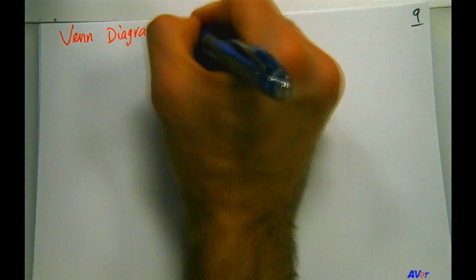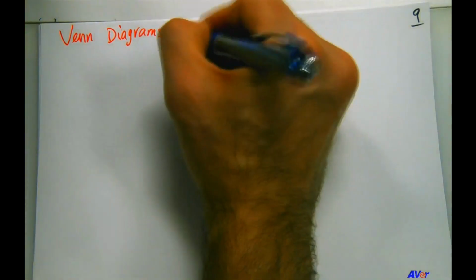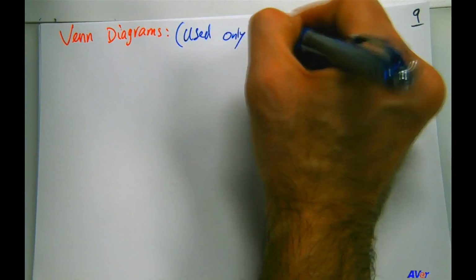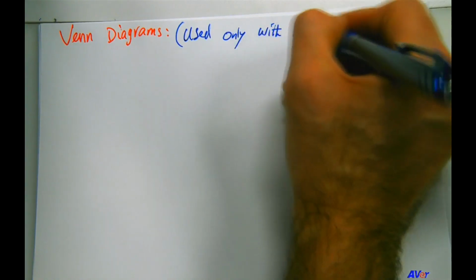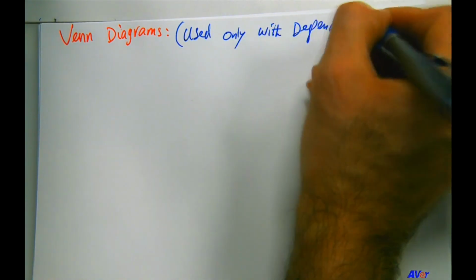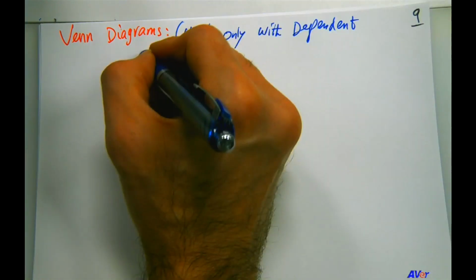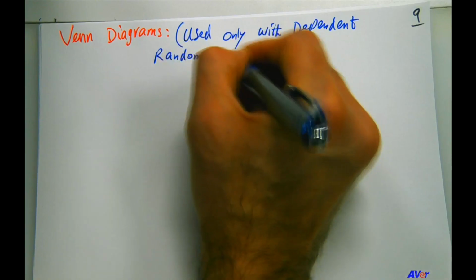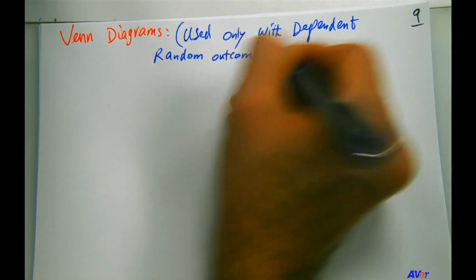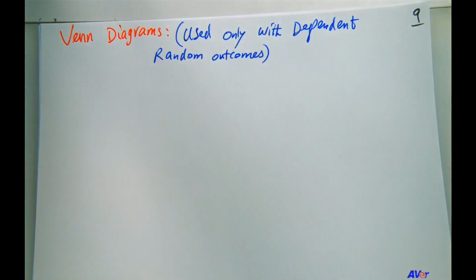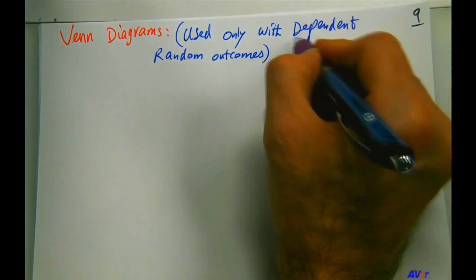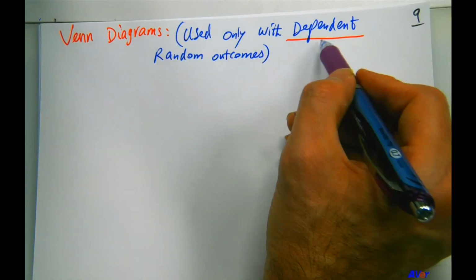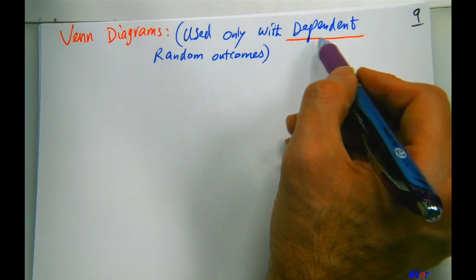So one thing that you should know, Venn diagrams are used only with dependent random outcomes. I say it now because I just want to bring this to your attention, even though we have not yet gotten to the point where we can talk about dependent and independent events.